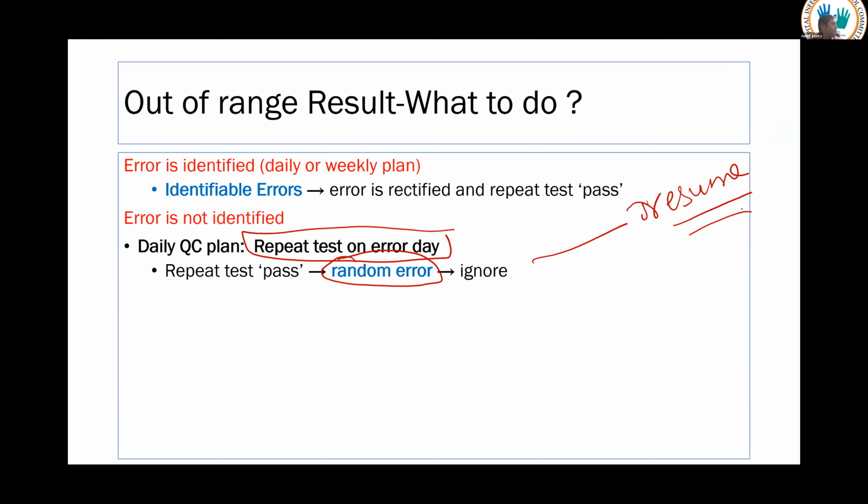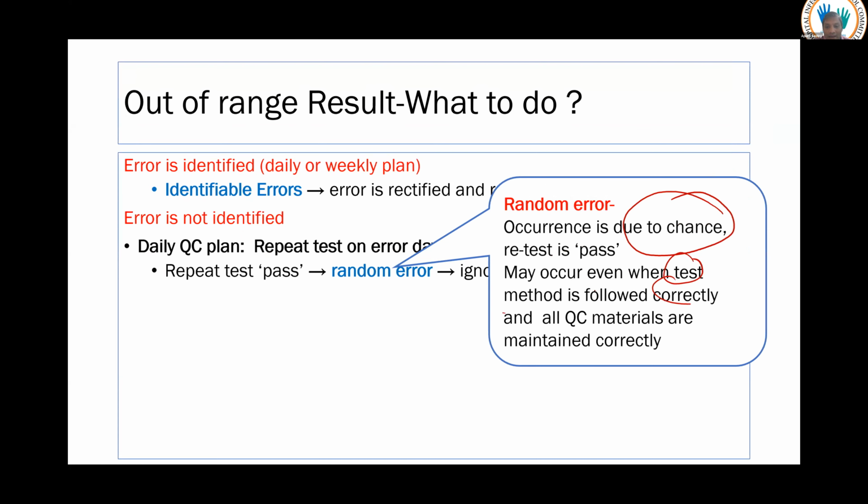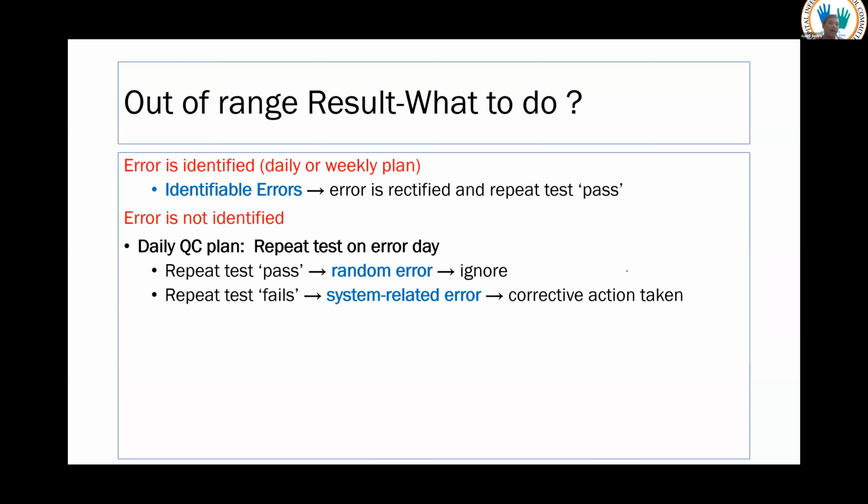They say that random error can occur by chance, even when the test method is followed correctly and all QC material is maintained correctly, and therefore you can ignore it. However, if the repeat test fails, this is called a system related error, for which corrective action needs to be taken.